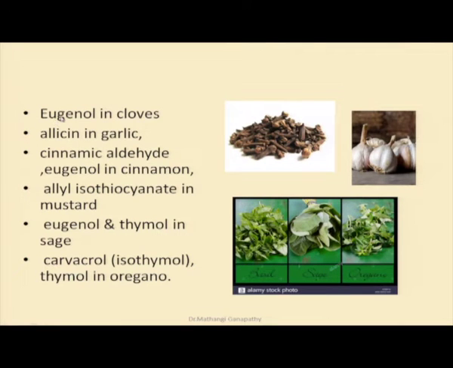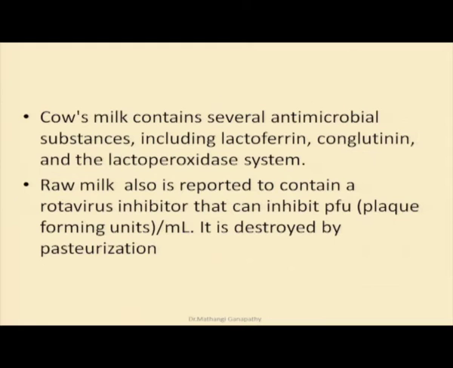The well known among them are the eugenol in cloves, the allicin in garlic, the cinnamic aldehyde and the eugenol in cinnamon, the allyl isothiocyanate in mustard, eugenol and thymol in sage, the carvacrol or the isothymol and the thymol in oregano. These compounds or these essential oils which are naturally present in these plant products can protect against the microbial attack and preserve the particular plant or the plant product from microbial damage.